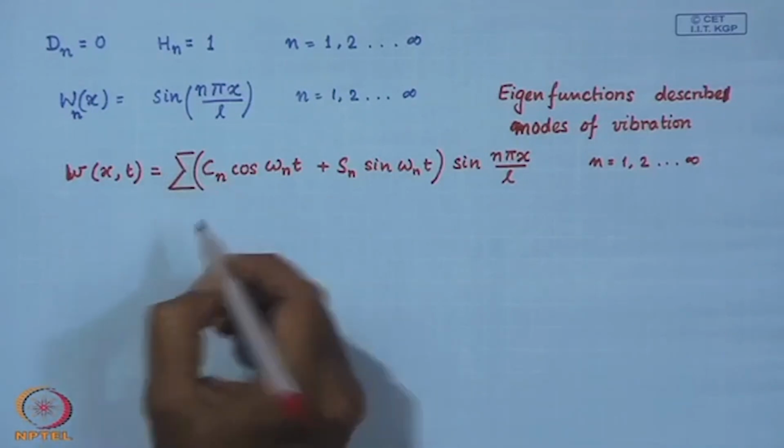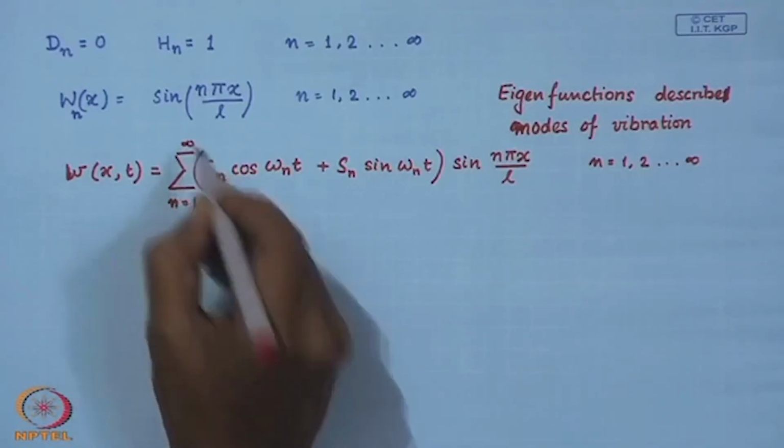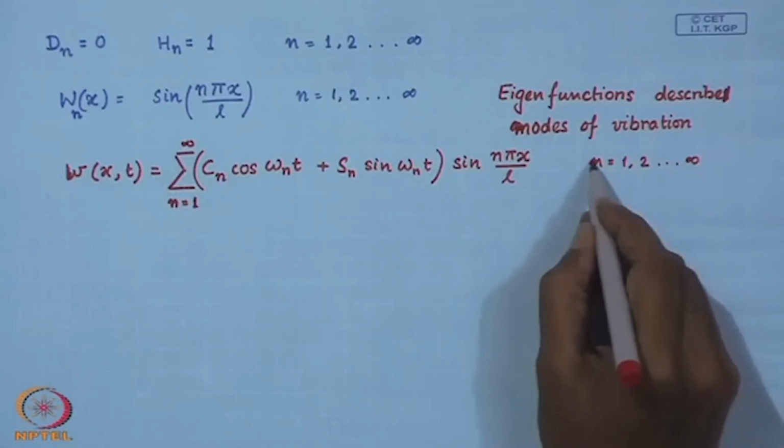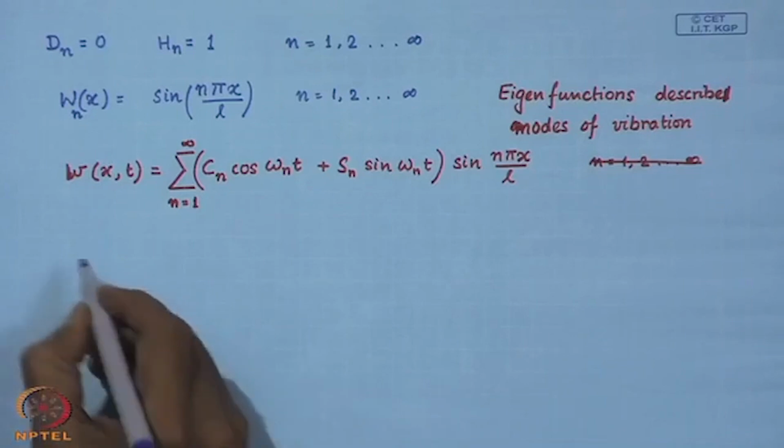So, I can finally sum all these solutions and construct the most general solution of a vibrating string with fixed support. Now, this structure looks very familiar if you think of the Fourier sine series.